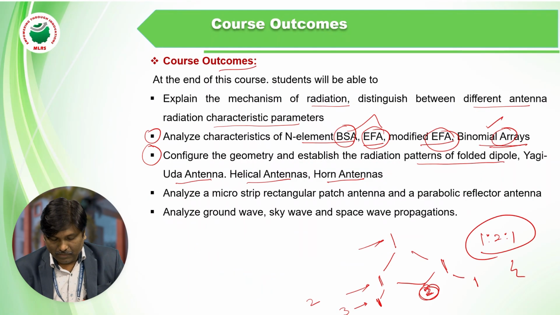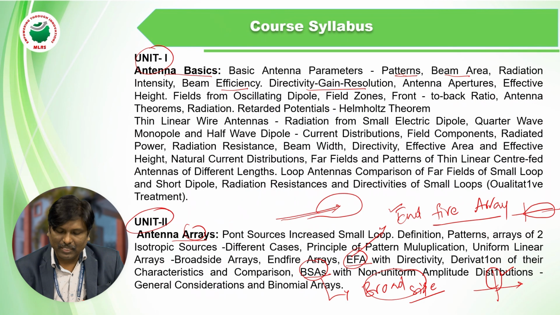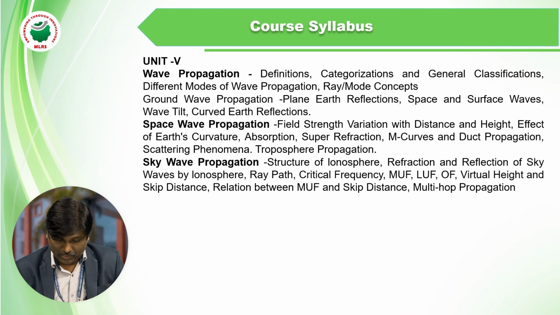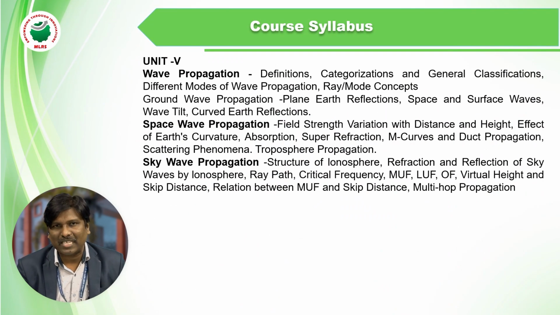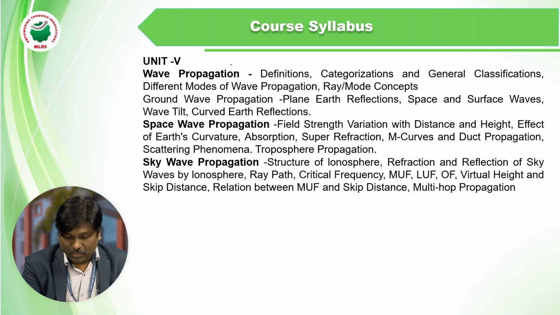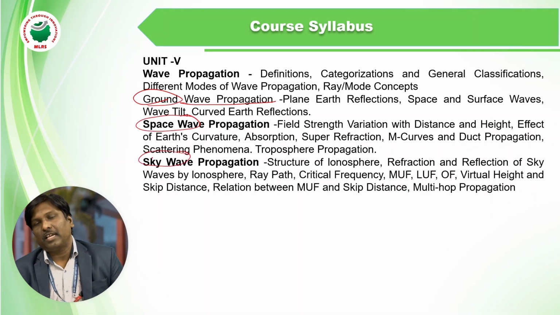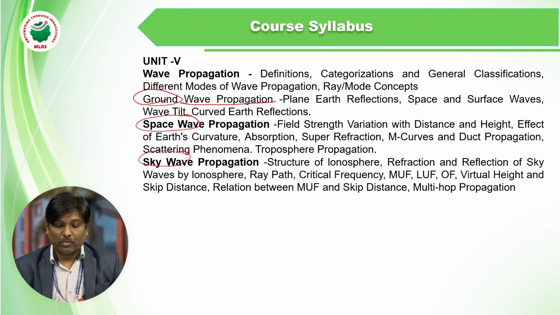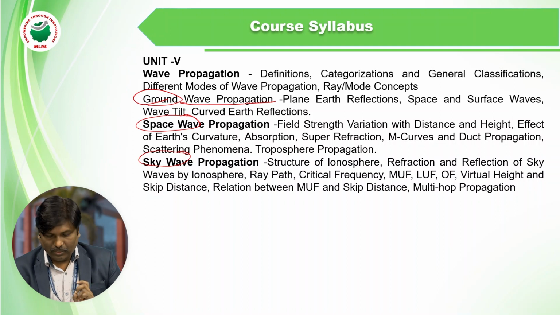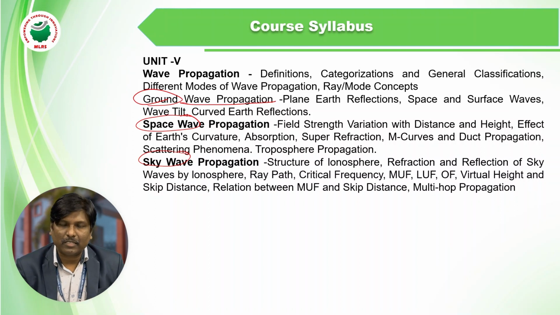In our syllabus we have three different modes of propagation. The first one is ground wave propagation, second is space wave propagation, third is sky wave propagation. So in the fifth unit we mainly concentrate on wave propagation.